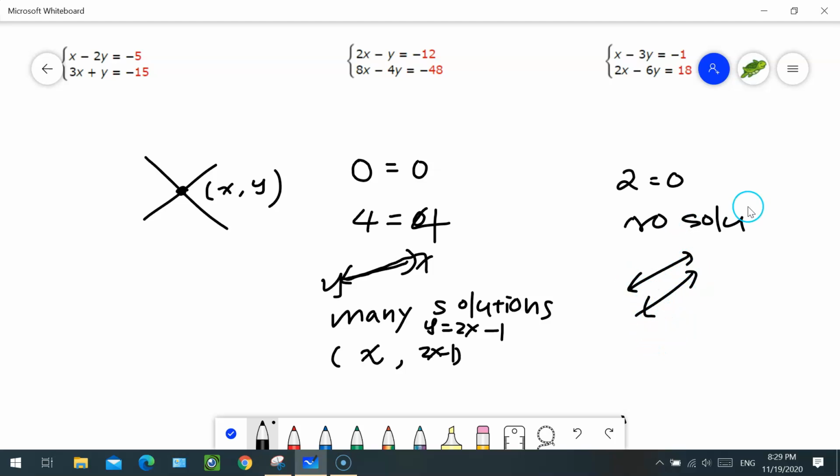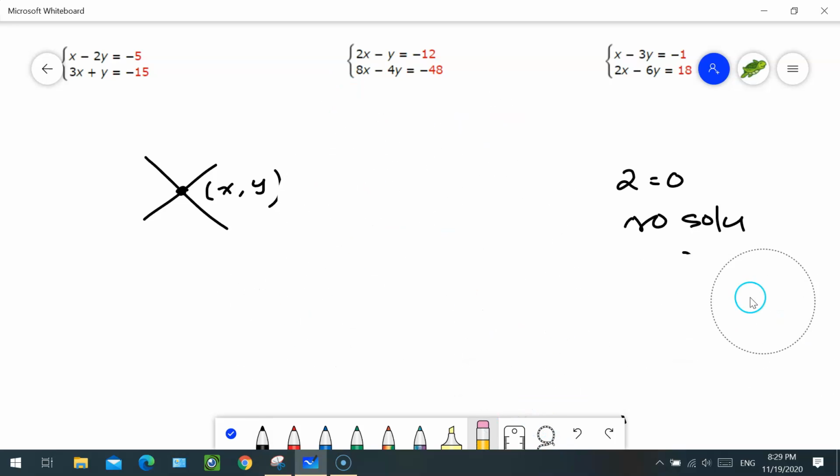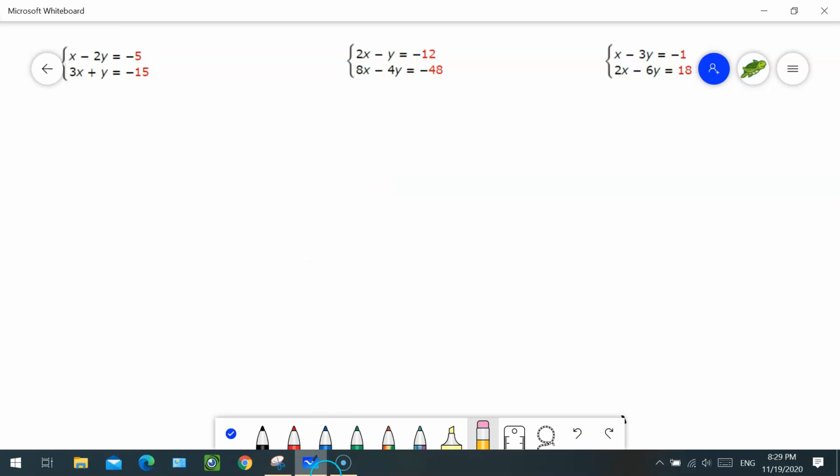So in that case, no solution. They are inconsistent. We are going to work on these three examples to help you get some idea of how to solve this type of question.